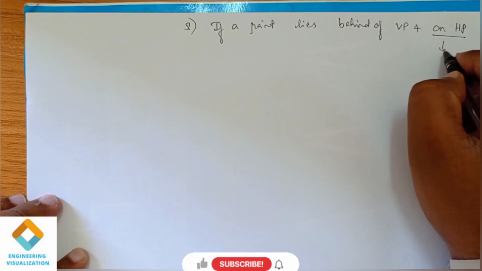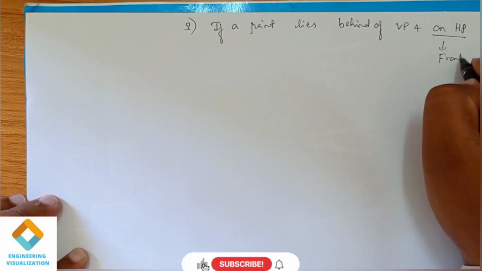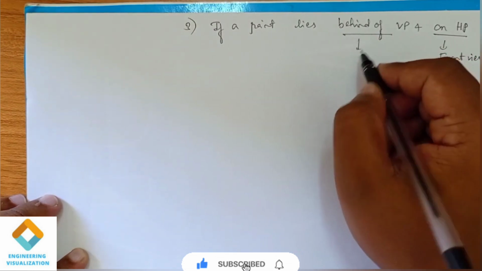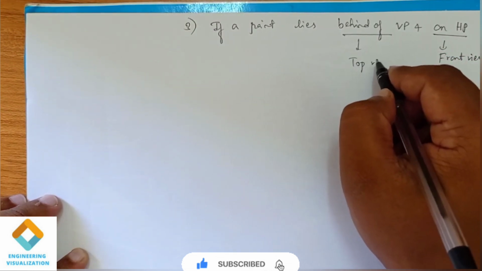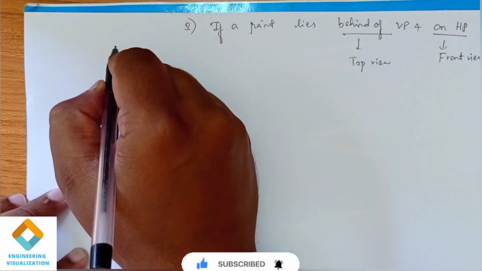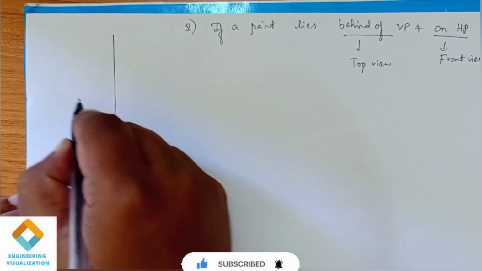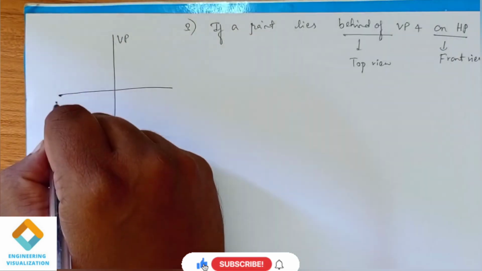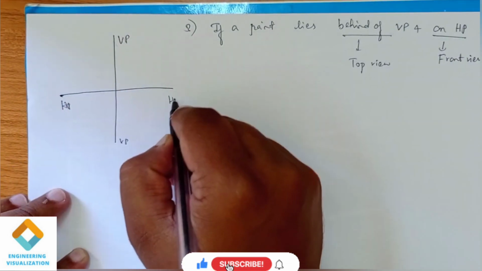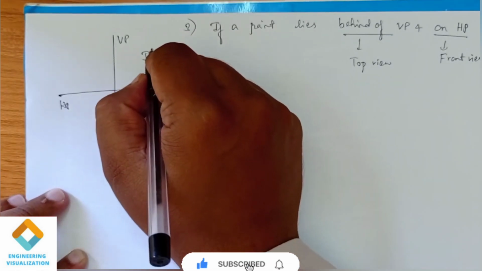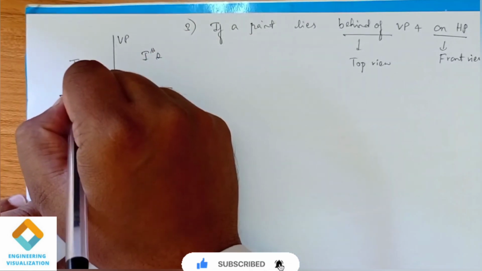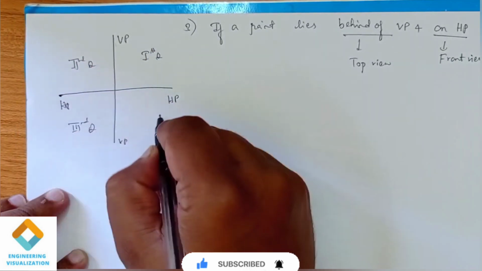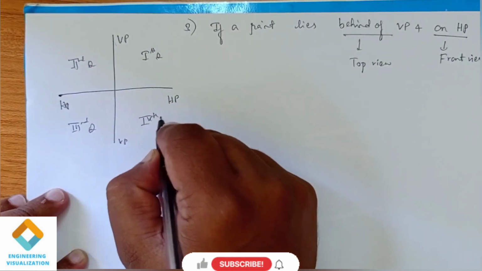On HP means it is front view, so behind VP means it is top view. So we have four quadrants: vertical plane, this is horizontal plane, this is our first quadrant, second quadrant, third quadrant and fourth quadrant.